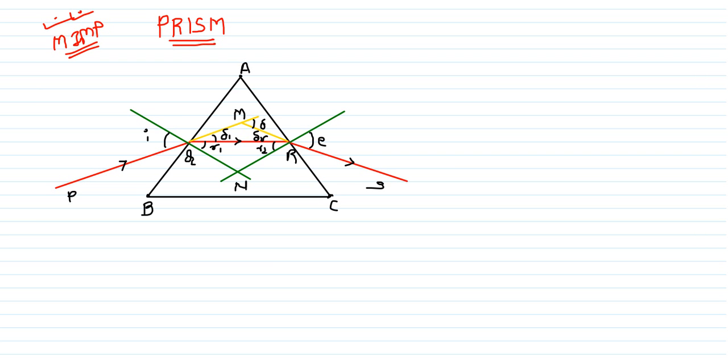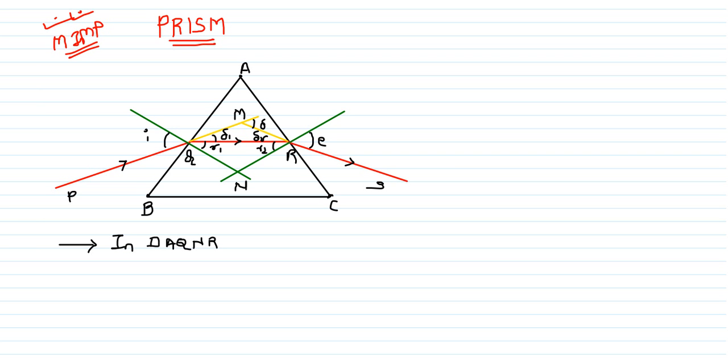So just focus here, we will consider one point at a time, right. So first point, let's see what happens. In quadrilateral AQNR, what can you say? Here the angles at Q and R are 90 degrees.